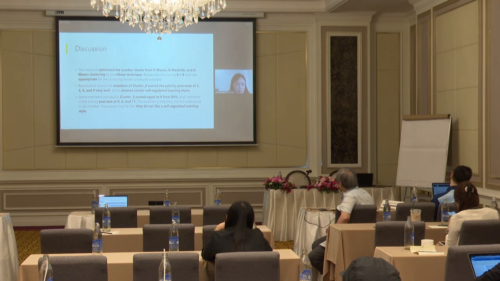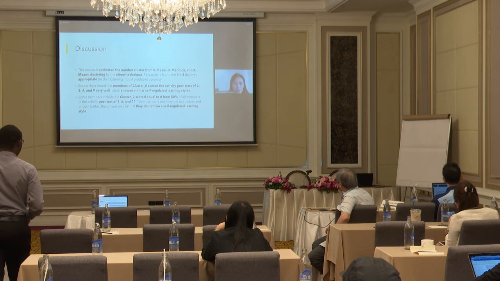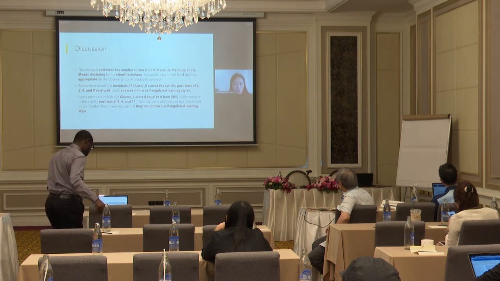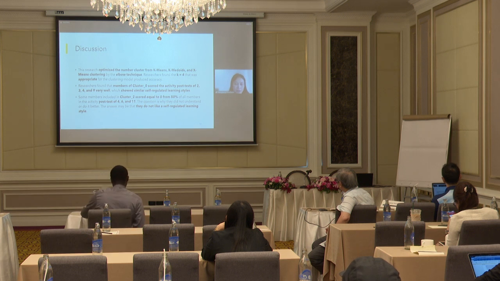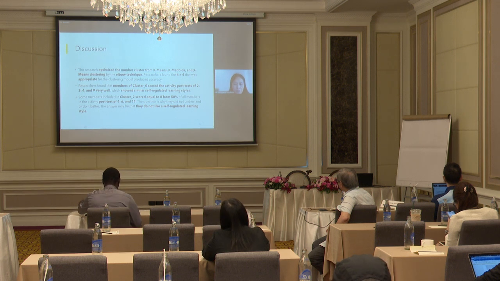Therefore, some members included in cluster 2 scored equal to 0, from 50% of all members in the activity post-test of 4, 6, and 11. The question is why they did not understand or do it better. The answer may be that they do not like the self-regulated learning style.